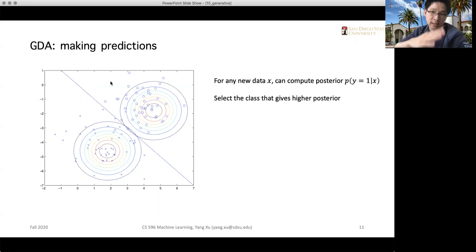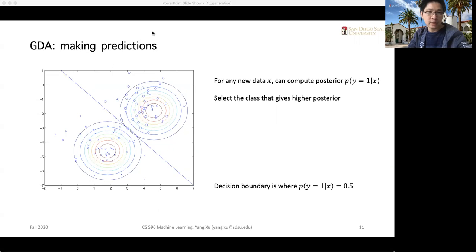So towards the left side, the lower left half, if you look at these data points, for example, they have higher posteriors that make them belong to this class, the cross, right?